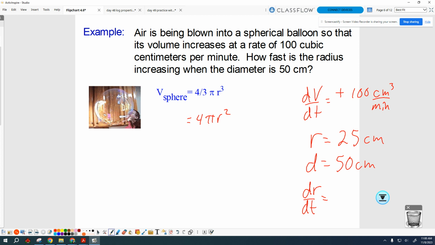Because it's just a constant. All of this mess is a constant. So multiply by the power, lower the power. But I'm doing the derivative with respect to time, so what else is floating around there? The dr/dt. Jack, what's on this side? dV/dt. So the derivative of all those things, how is this changing over time?